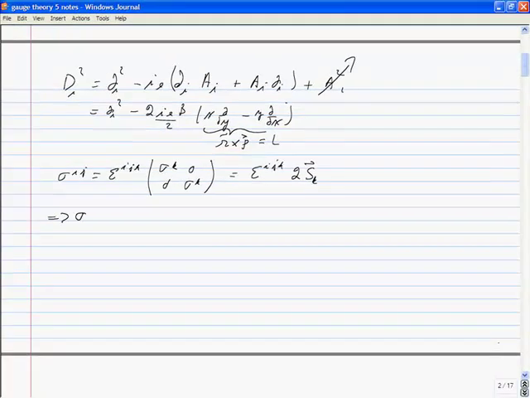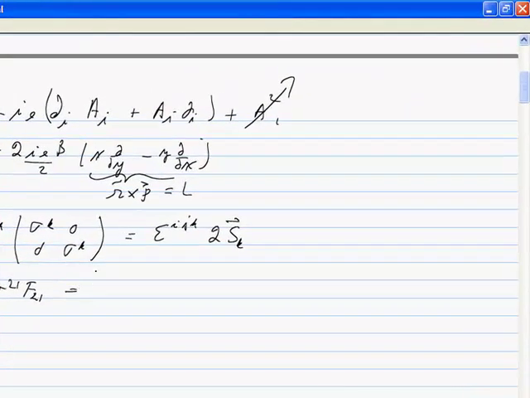So that sigma_12 F_12 plus sigma_21 F_21 is 2 times 2S dot B. So 4S dot B.